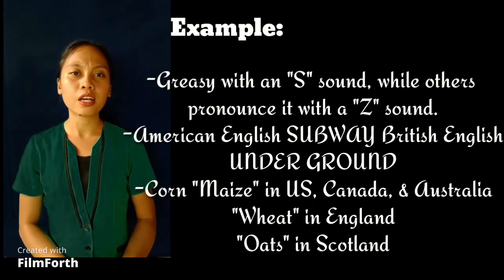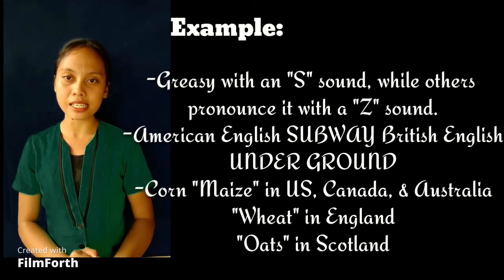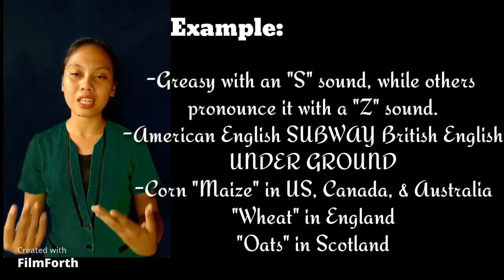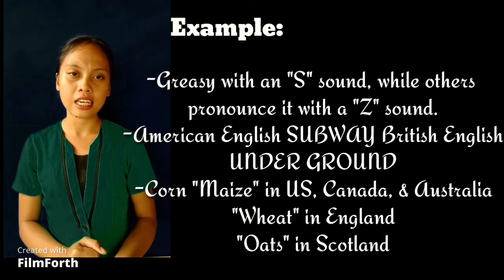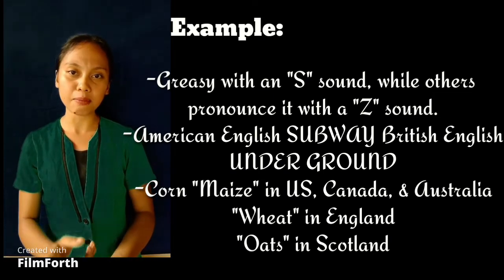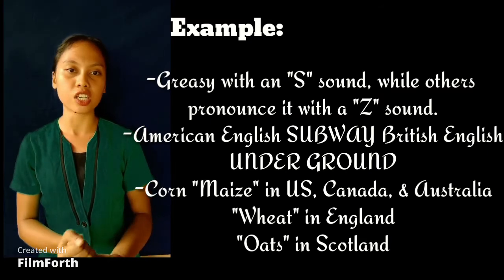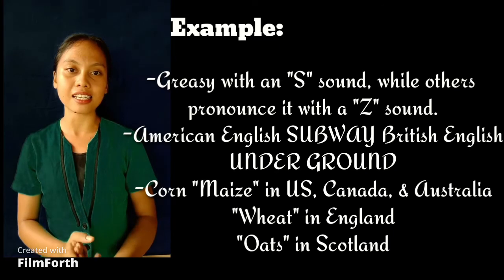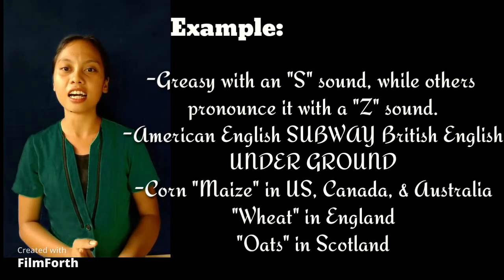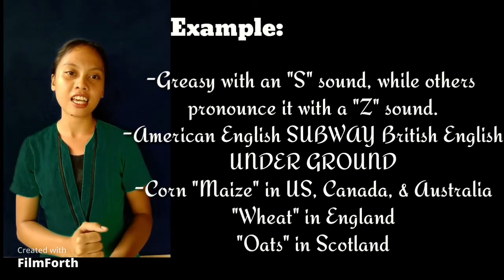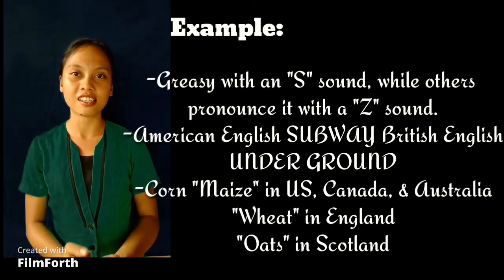For example, some speakers pronounce greasy with an S sound, while others pronounce it with a Z sound. Another example: in American English, subway, while in British English, underground. And corn means maize in the United States, Canada, and Australia, while in England it is wheat, and in Scotland it is oats.